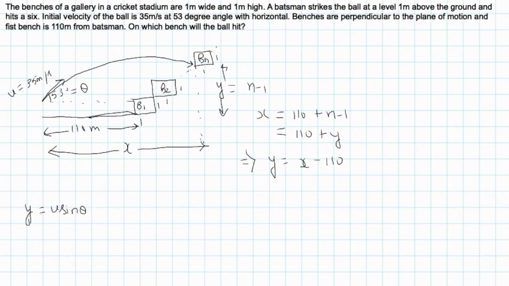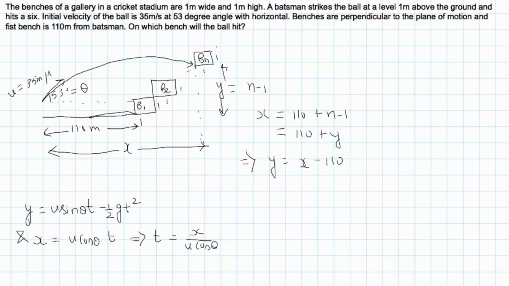So u sine theta into t minus half g t square, and x is equal to u cos theta into t. So we can write t is equal to x by u cos theta.